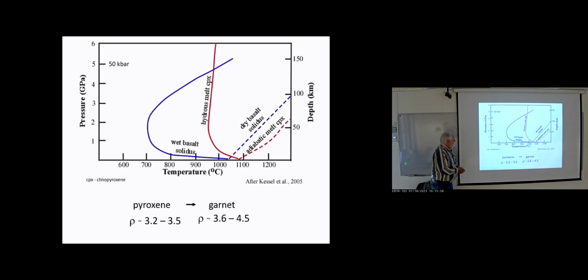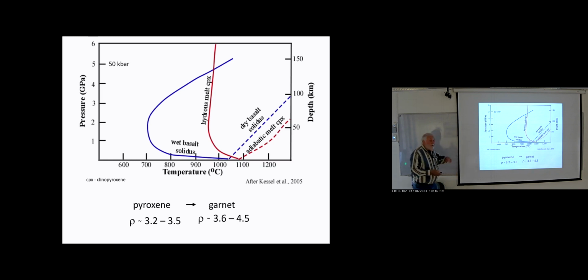And there is also a mineralogical alteration from the pyroxene with density of 3.2 to 3.5 grams per cubic centimeter to garnet, which the density is much higher, from 3.6 to 4.5.